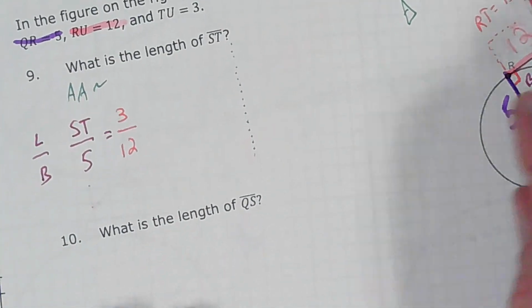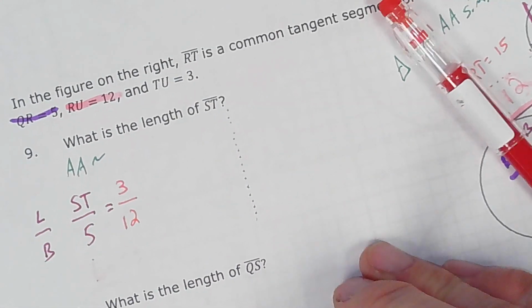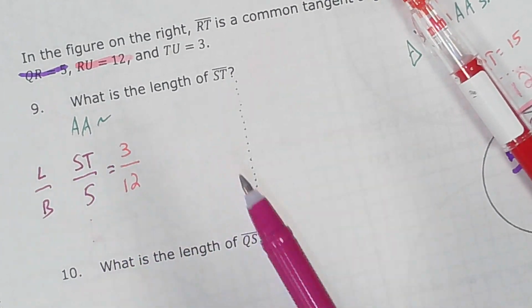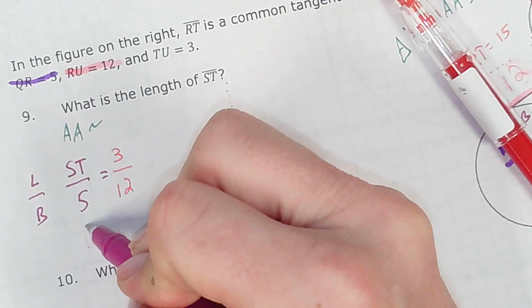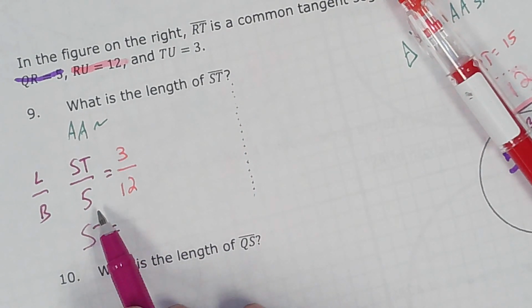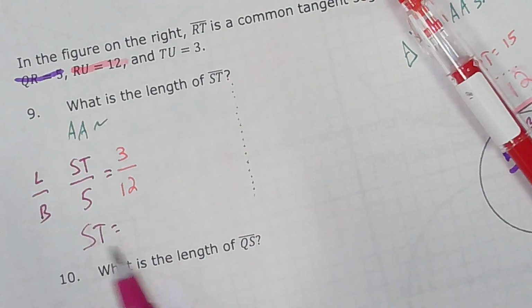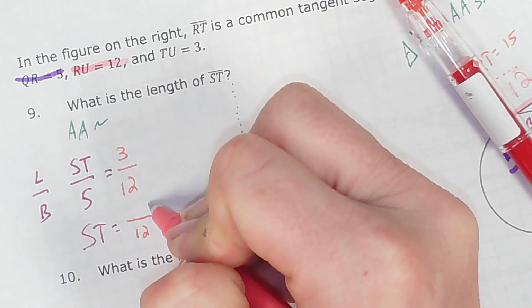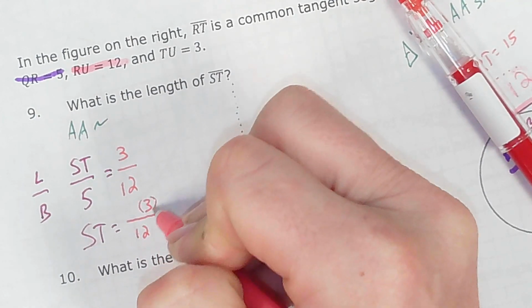All right, so now I just rearrange this. As long as you set up your ratio correctly, you can rearrange this all for S. Always put your unknown on top in your fraction. It makes the algebra easier. So ST is going to be equal to, this is the denominator on the left side, it's going to end up on the numerator on the right side. So 12 and 3, make some room for the 5.